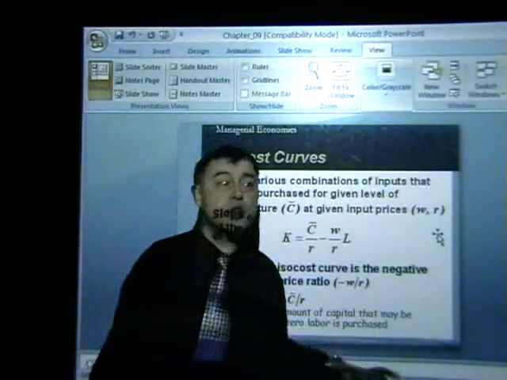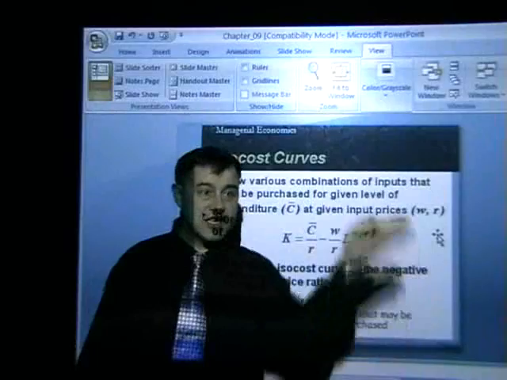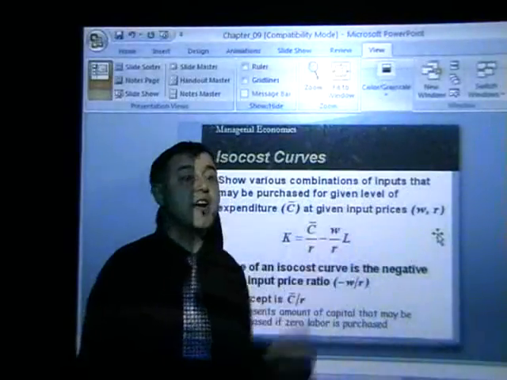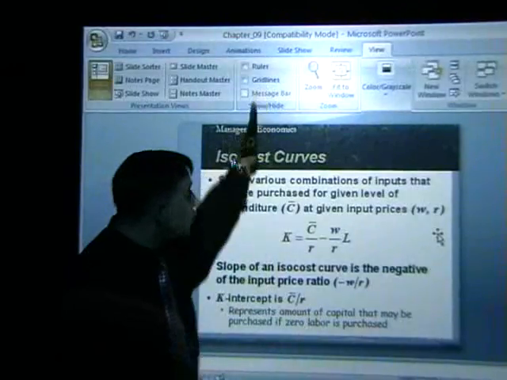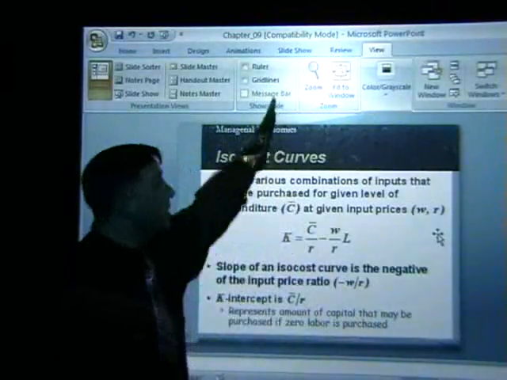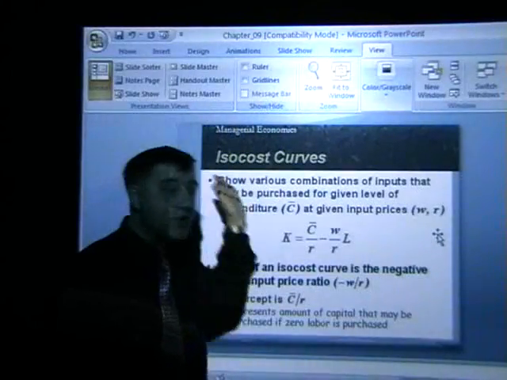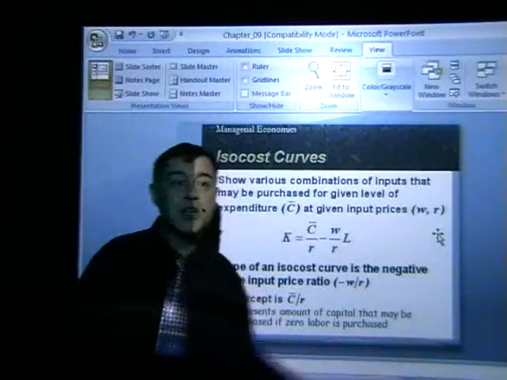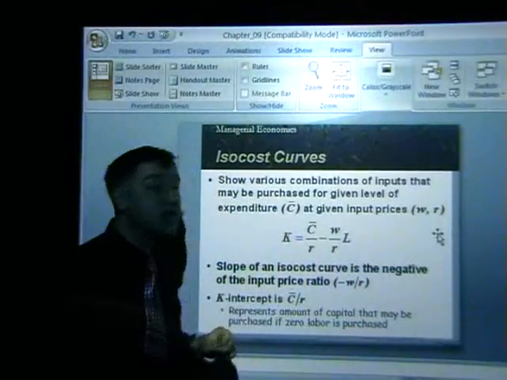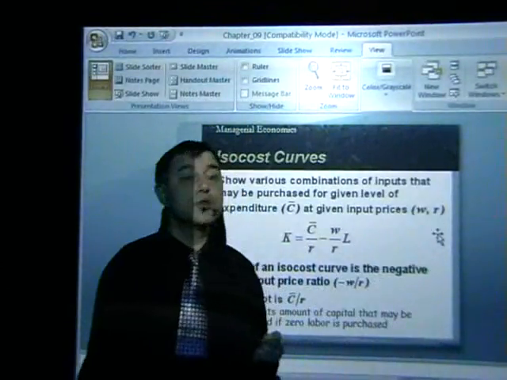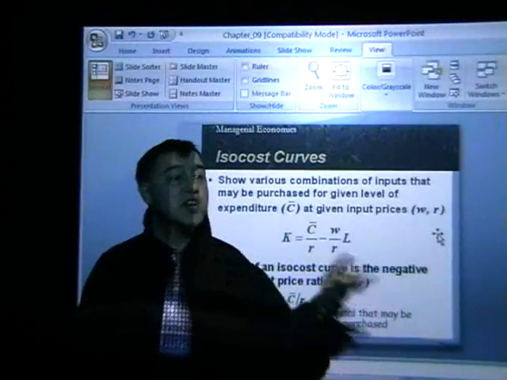The isocost curve will usually be a straight line. A straight line, we say, has a constant slope. So the isoquant curve will actually be a curve, and the isocost curve will actually be a straight line. The reason it is a straight line is because on the market you can substitute labor for capital at a fixed ratio.